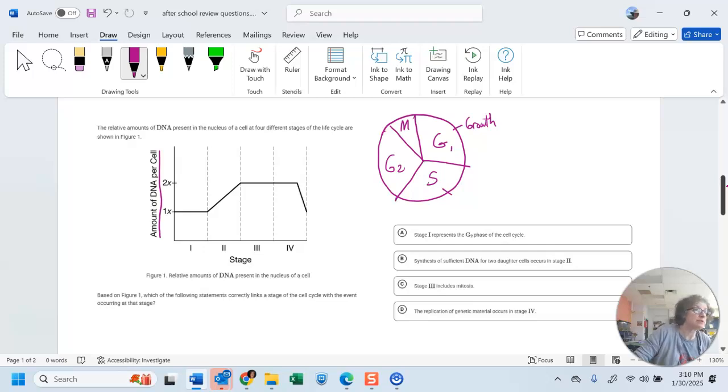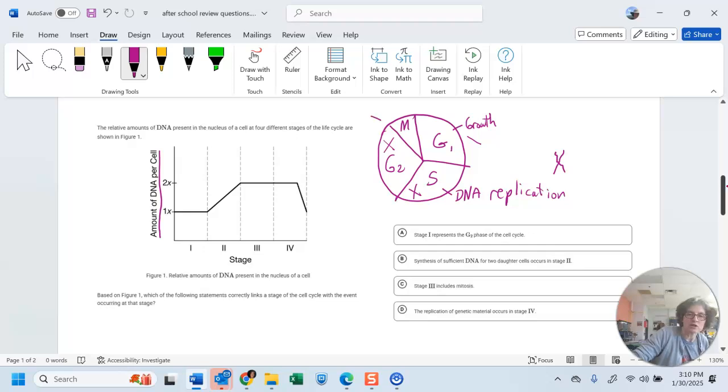The most important thing that happens in the S phase. DNA replication. Beautiful. DNA replication happens in the S phase. We're making an extra copy. We're going from a single chromatid to a doubled chromatid, right? So that by the time you get here, the chromosomes that did look like this, now they look like this, and they stay like that.